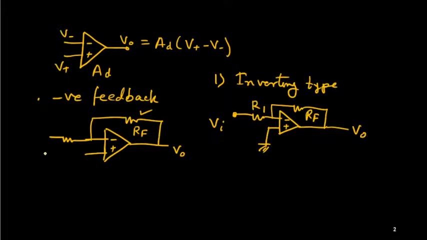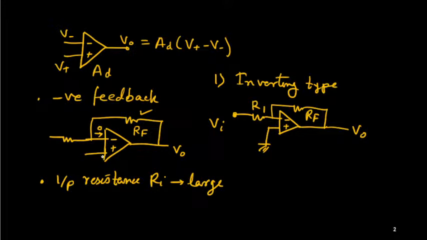One more important thing in op-amp that we need to consider is that the input impedance, or input resistance, Ri, is very large. If input resistance is very large, the meaning is that this current is 0 ampere and this is also 0 ampere.